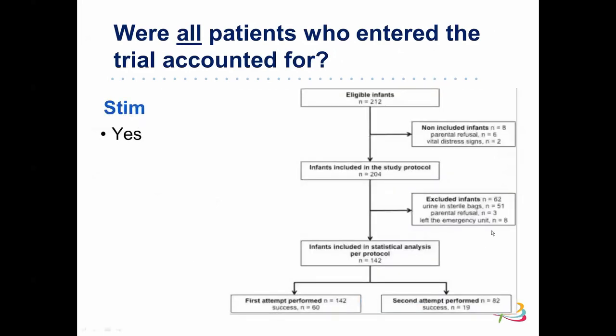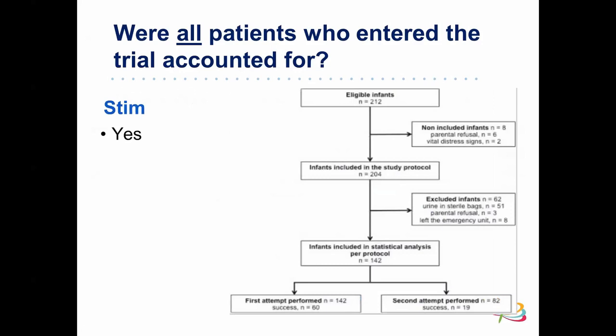So, in my study on the bladder stimulation technique, we started off with 212 eligible infants. There were a few that were not included for either parental refusal or vital sign distress, which left us with 204.